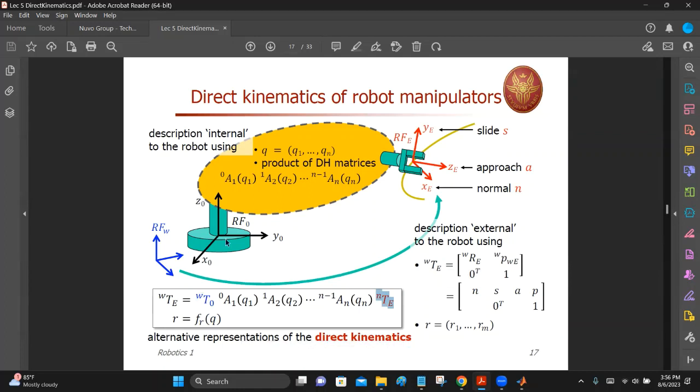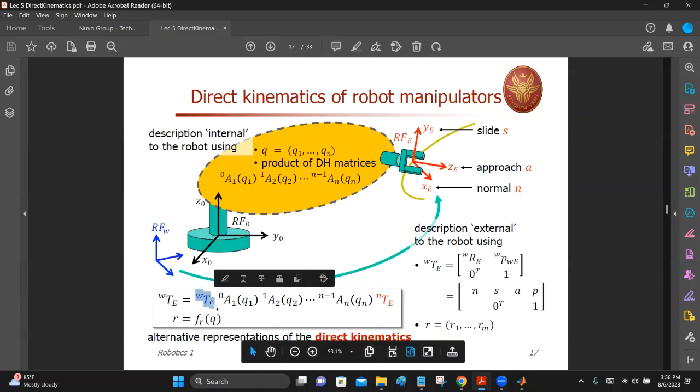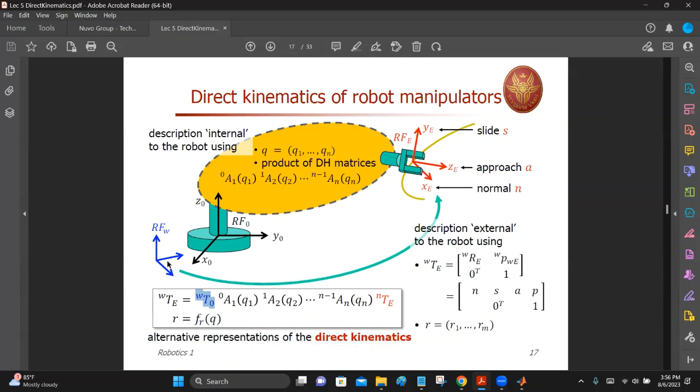If you have a world coordinate frame somewhere here, which is not the base coordinate frame, you better get this transformation up here. Let's say you have multiple robots working, and each of these robots has its own base with respect to which all the other coordinate frames are described.